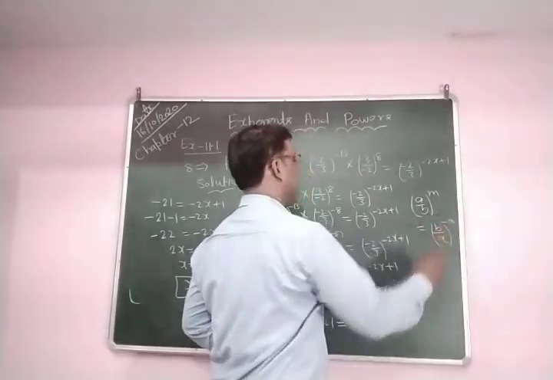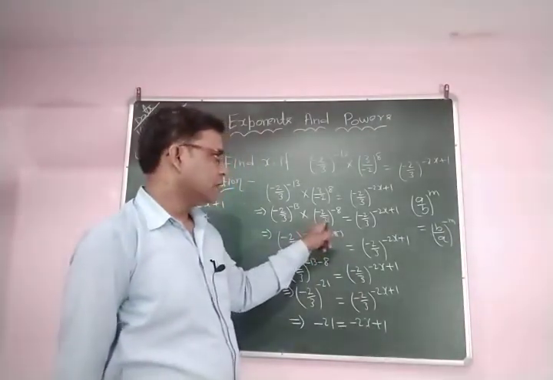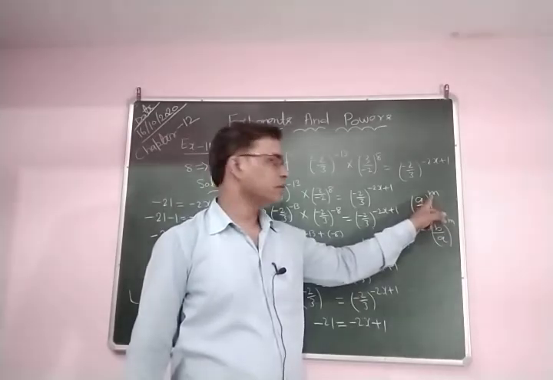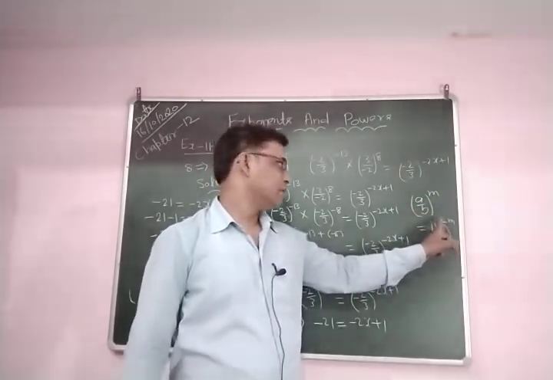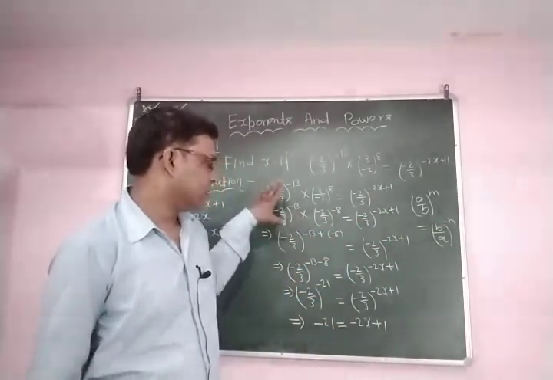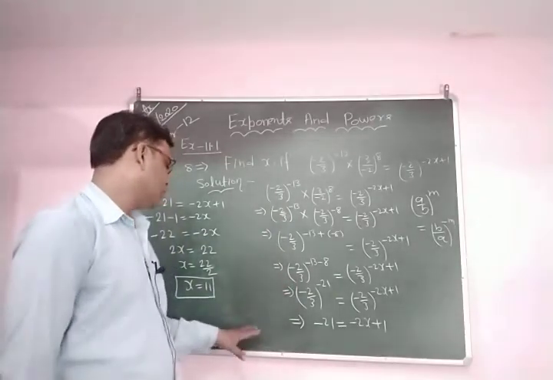So don't be confused by these steps. Here (a/b) power m is equal to (b/a) power -m. So we use this here, and after this we follow the following steps and solve and find the value of x is equal to 11.